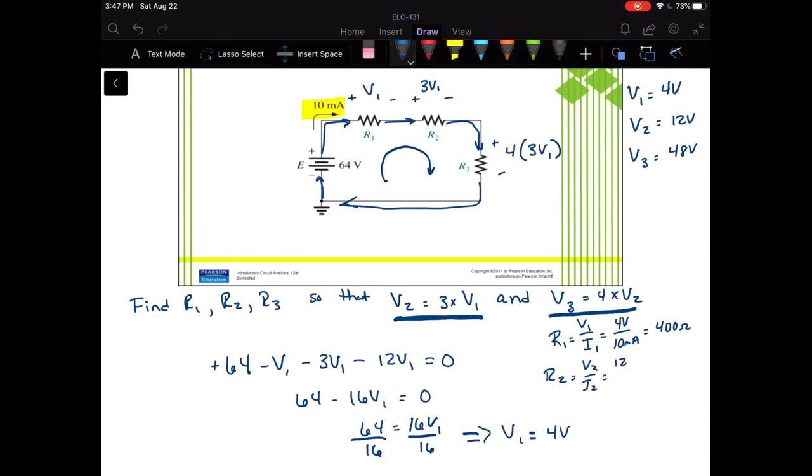We found that that would have to be 12 volts divided by the 10 milliamps, and that would be 1.2 kilo ohms. And R3 would be V3 over I3, or 48 volts over 10 milliamps, or 4.8 kilo ohms. So those are the resistor values that would make this design work the way we were told to make it work.